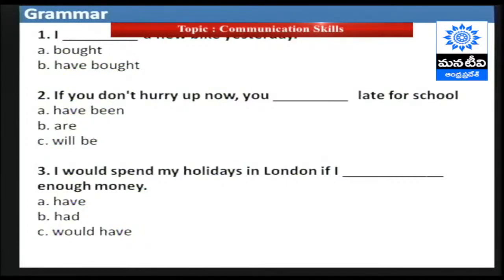If you don't hurry up now, you dash late for school. You have been, you are, you will be. Okay, the correct answer is C, you will be. If you don't hurry up now, you will be late for school.